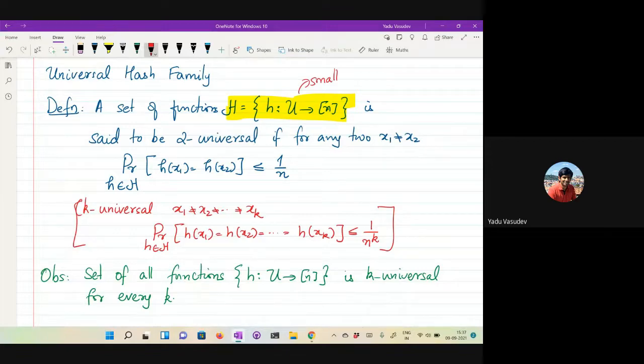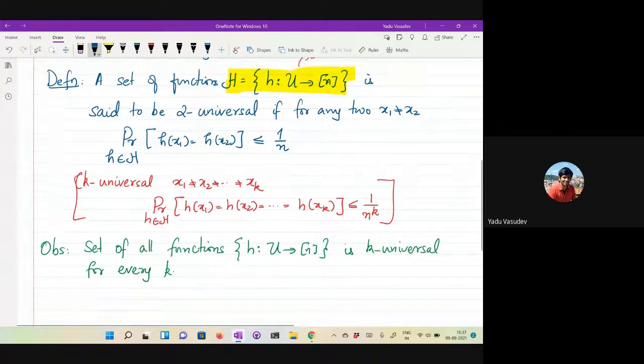So have we seen universal hash families before, do you think? What is an example of a universal hash family that we've seen? Have you seen such a family before? Yeah, the pairwise independent hash family, right?